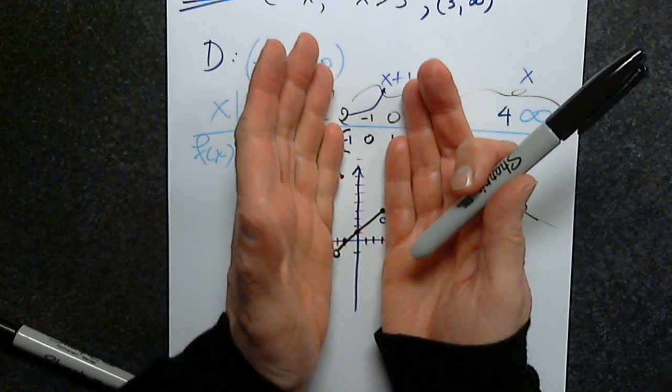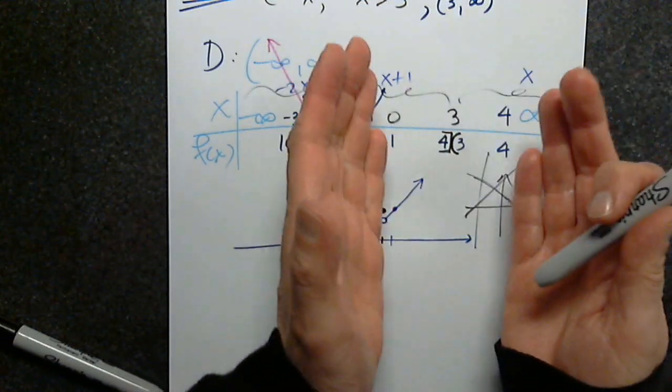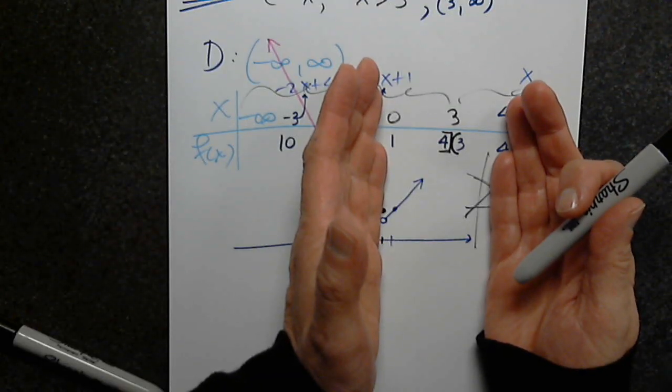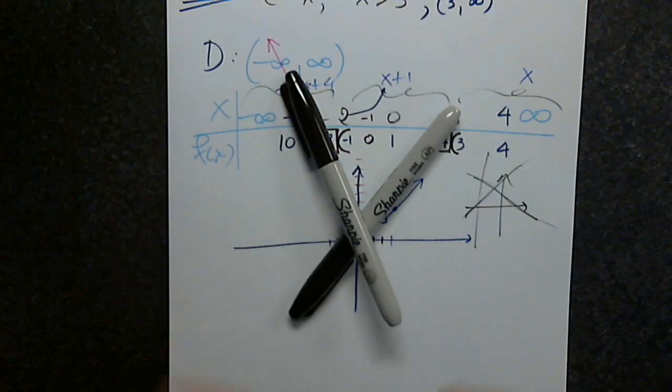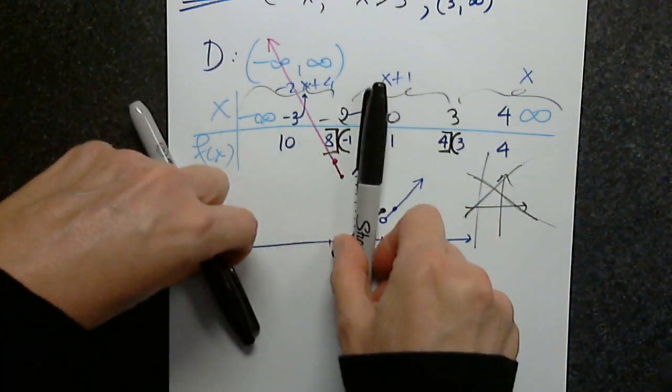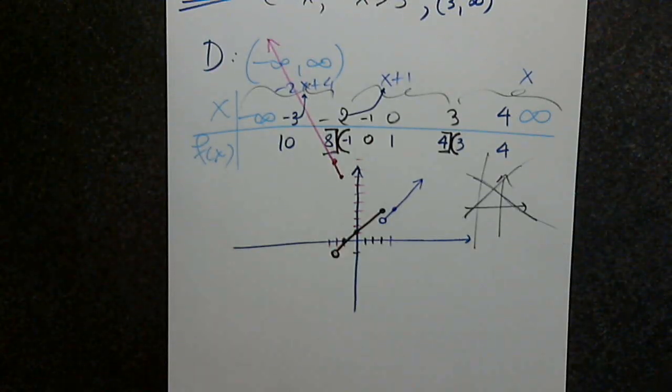This piece is alone between -2 and 3. This piece is alone between 3 and infinity. You can't do something like this. That's not a function. But now by the vertical line test, this is a function. This one is not. So please do not graph something like that.